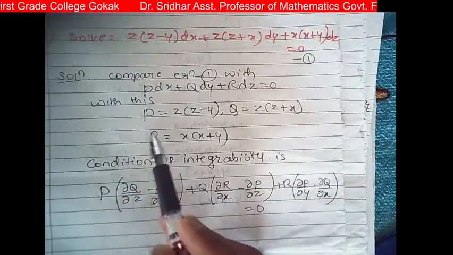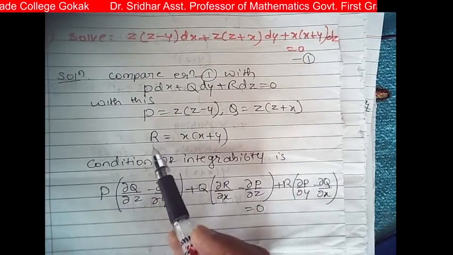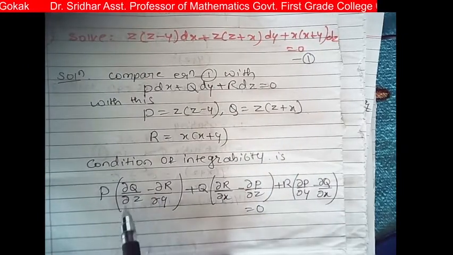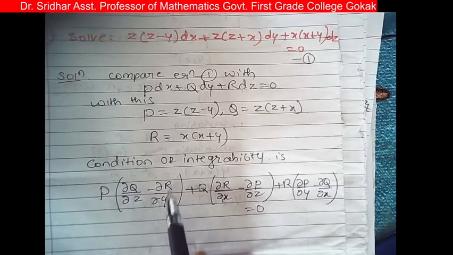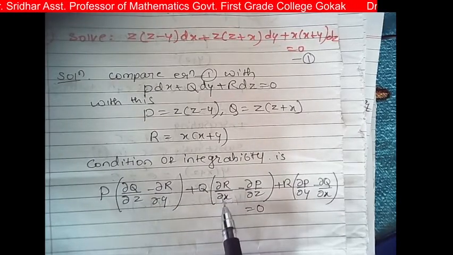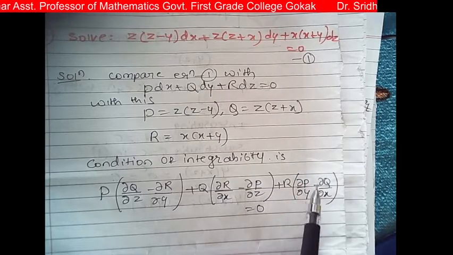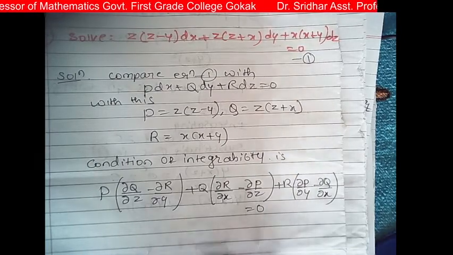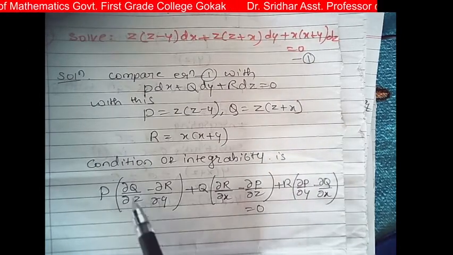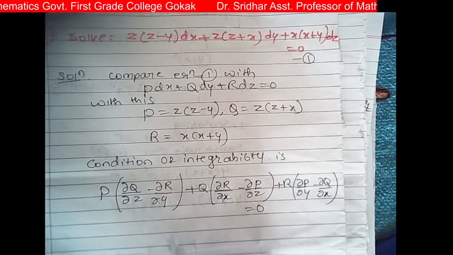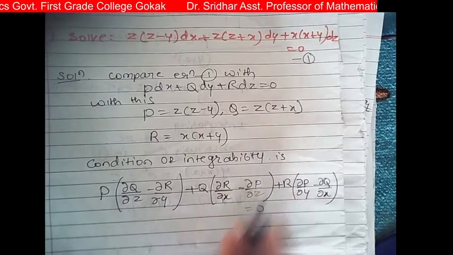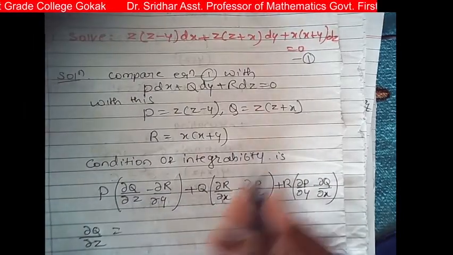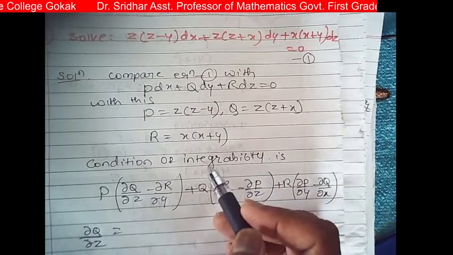So we know what is P, what is Q, what is R. Next from this we find dou Q by dou z, dou R by dou y, dou R by dou x, dou P by dou z, dou P by dou y, dou Q by dou x. With all this we first find these quantities. So Q is there, we find dou Q by dou z, differentiating this Q partially with respect to z.